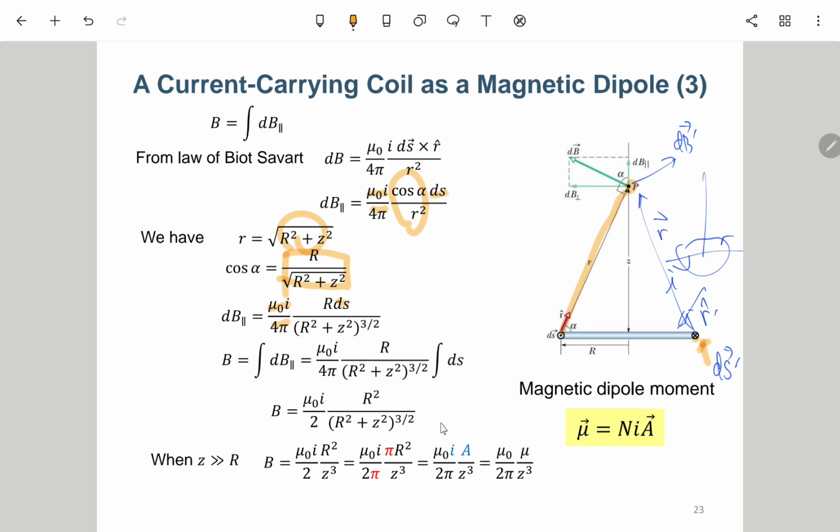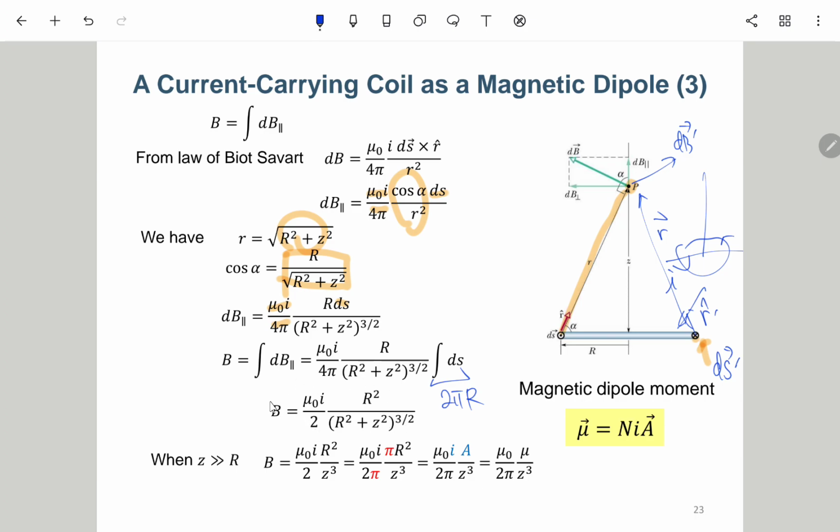Integrating this ds is nothing but 2 pi R. So this 2 pi and 4 pi partly cancel, only reduced to 2, and then we have R and R, so altogether R squared in the numerator, so the expression is simply like this.